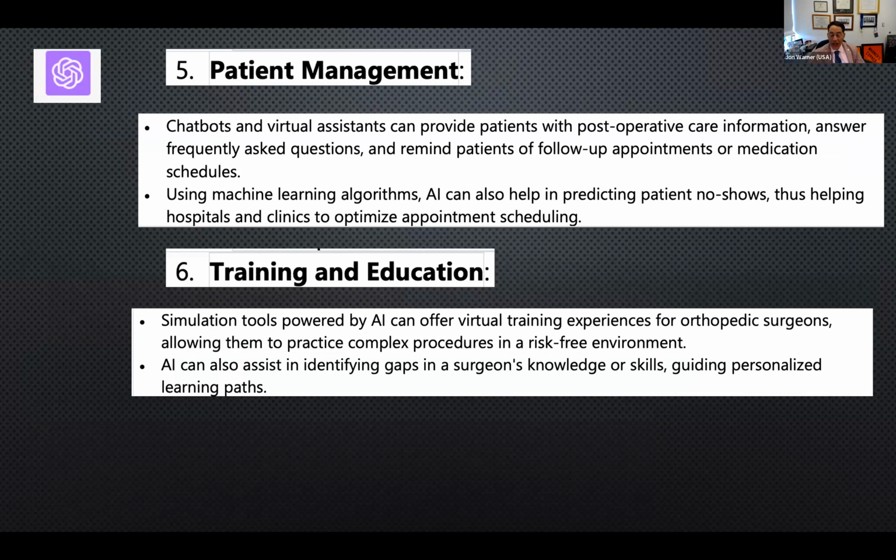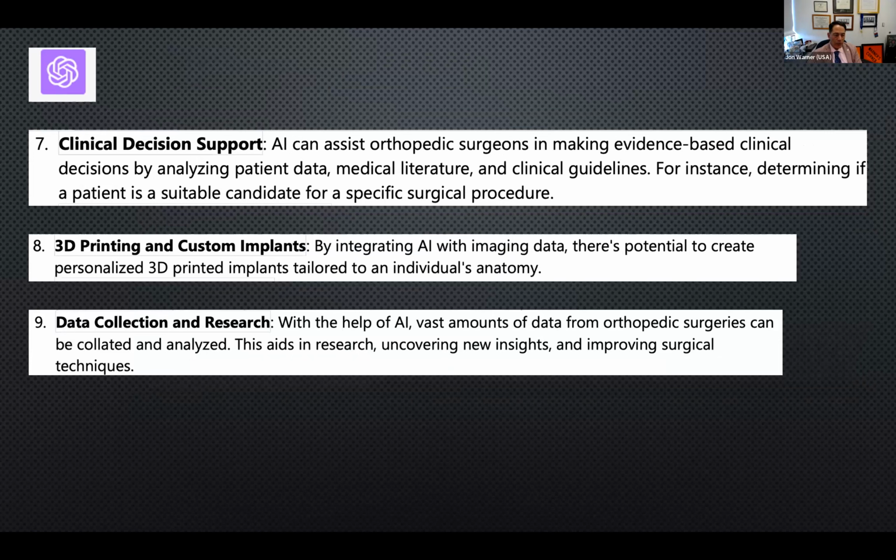Patient management, of course, chatbots have already been found in a prospective randomized study to be viewed by patients as more empathetic than humans who become tired and irritable. So that's a real advantage. And then training and education, you know, how do we measure the skill sets of surgeons and how can AI help us with our training tools?